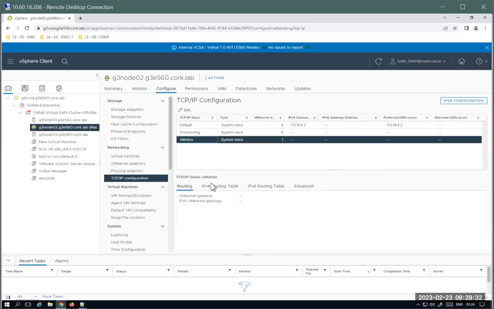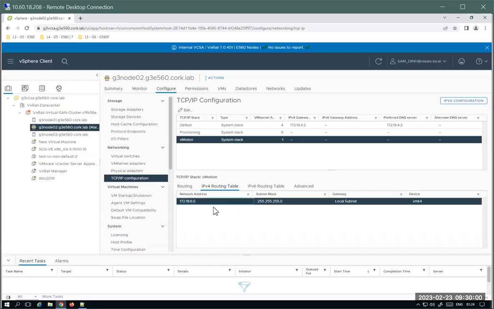So we put this on a totally different network. We don't want any other traffic on the vMotion network. That's why we don't have any gateway or routing table here. Everything within the network is for vMotion traffic only, for the vMotion service only.